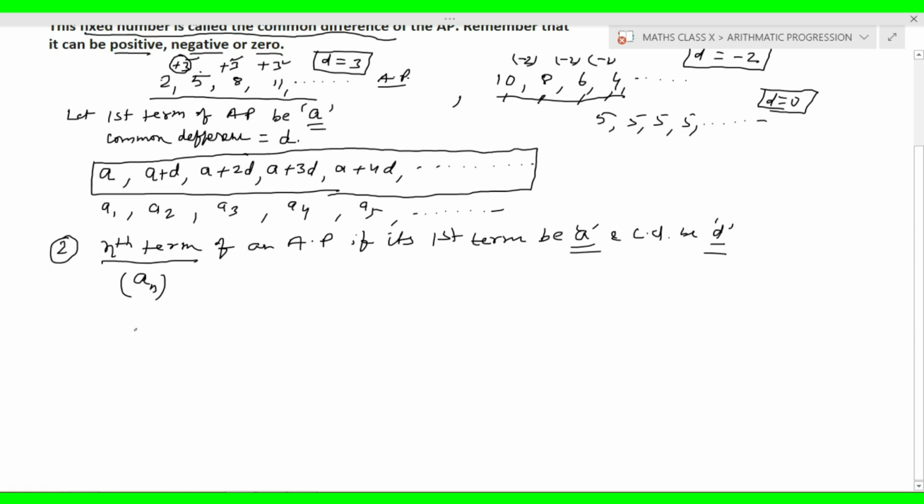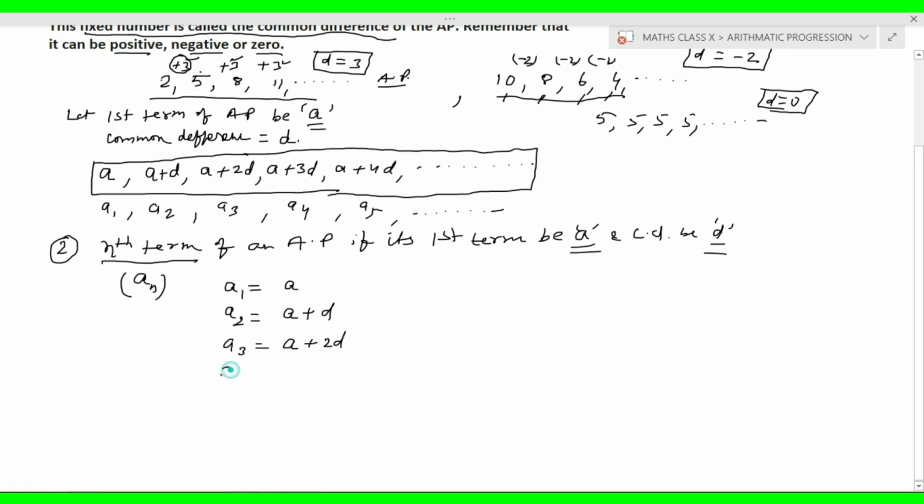So let us start. What is the first term? The first term is A. What is the second term? The second term is the first term plus the common difference D. What is the third term? The third term is the second term plus D. The second term is A plus D, again plus D, you will get 2D.